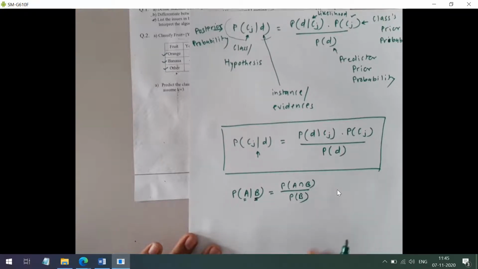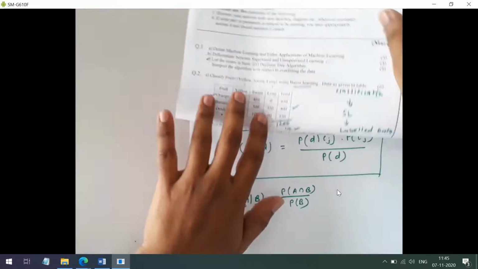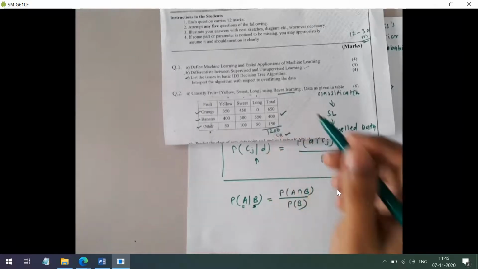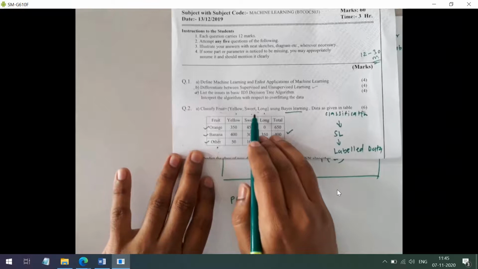Now in our problem, we have to use the Bayesian classifier to predict the class for this instance. Let us represent that instance by X. So what is our instance?